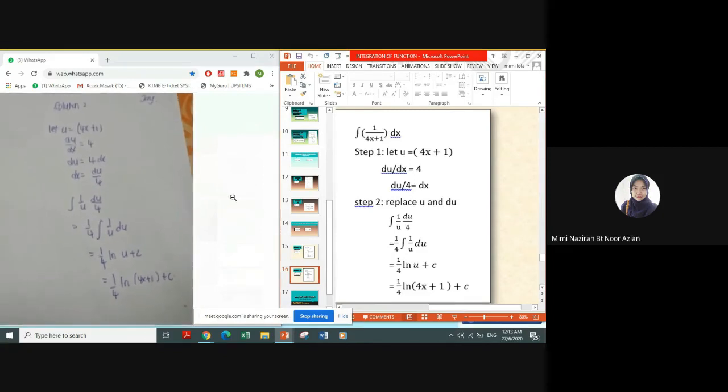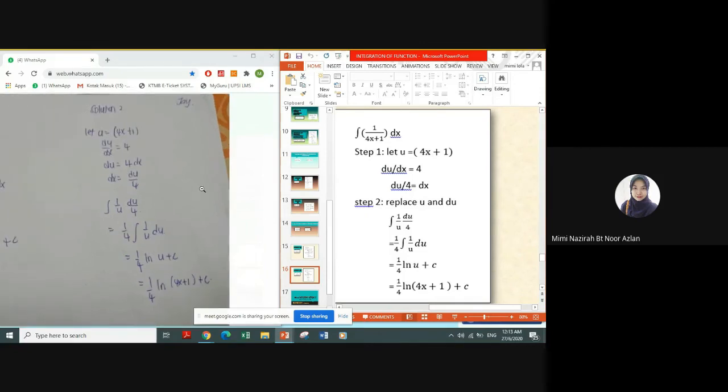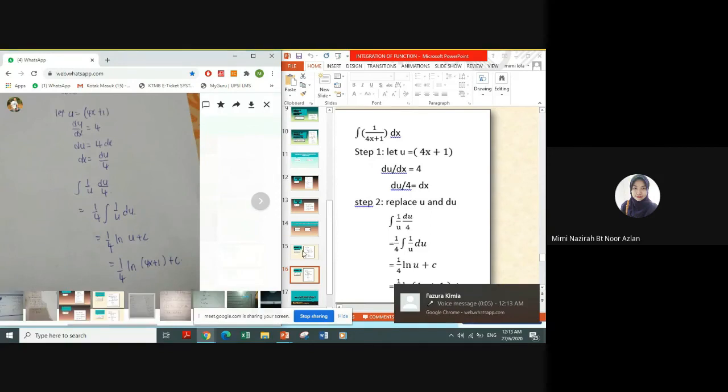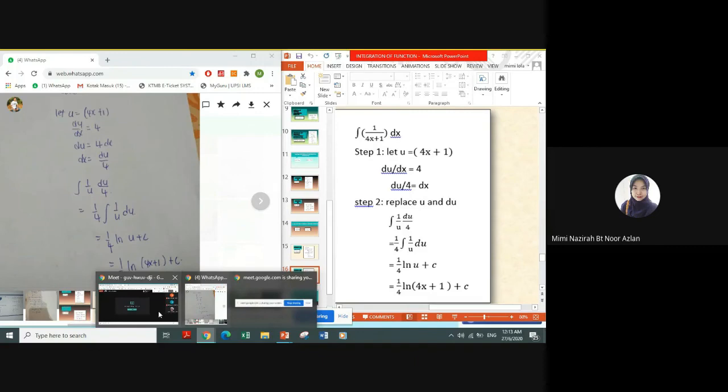The answer is also correct: 1 over 4 ln 4x plus 1 plus c. Very good. Let's check the step. Thank you. Very good, Najmi. Thank you for your answer and thank you for your cooperation.